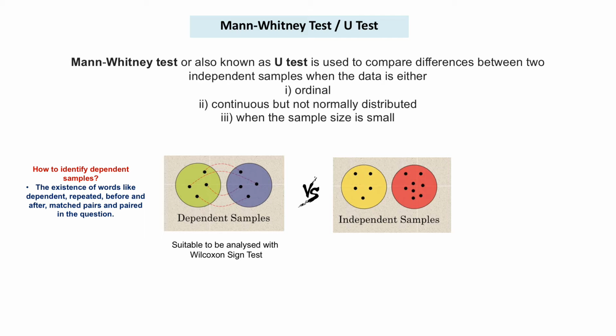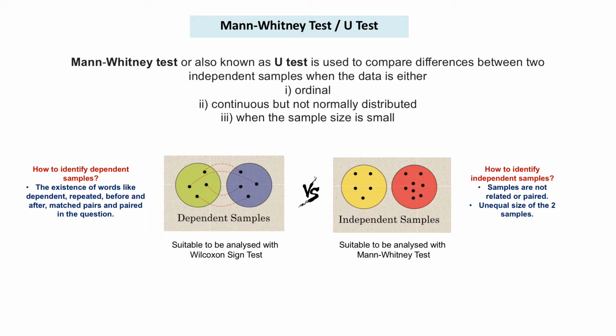On the other hand, independent samples refer to samples that are not related, not paired, and don't have any relationship. Another indication that the samples are independent is that the sizes of the samples are not equal, unlike dependent samples.